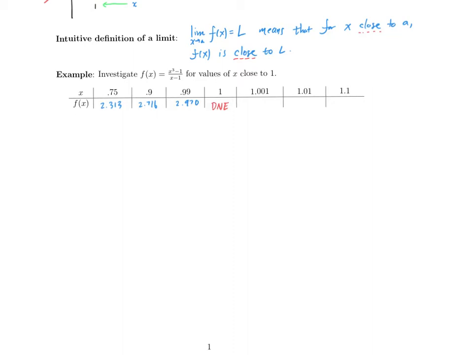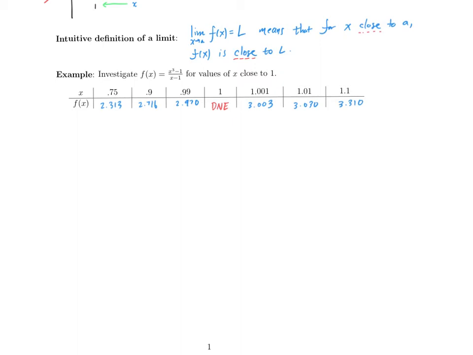Now, filling in from the right, if you substitute in x equals 1.1, we get 3.310. 1.01, we get 3.030, and then 3.003. And going back to this intuitive definition of a limit, we said that for x close to a, what are those function outputs going to be close to?